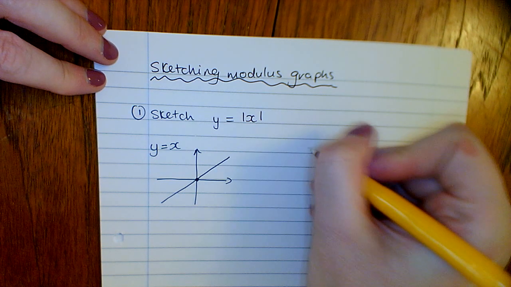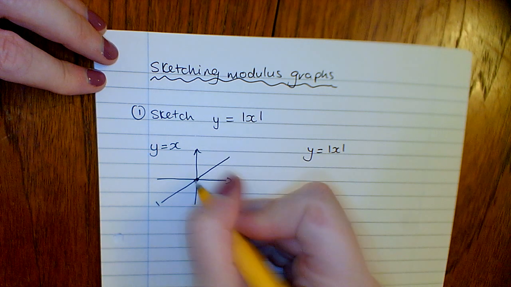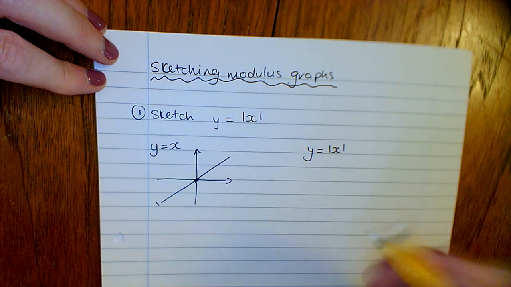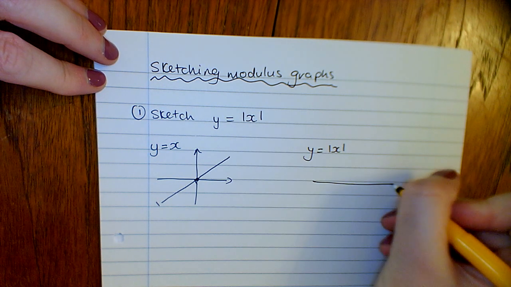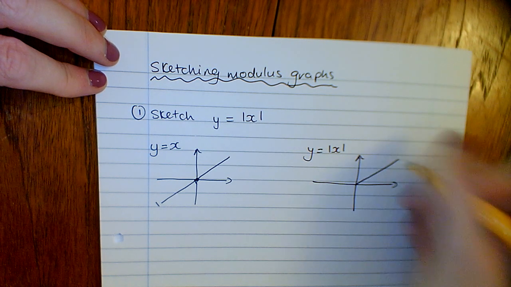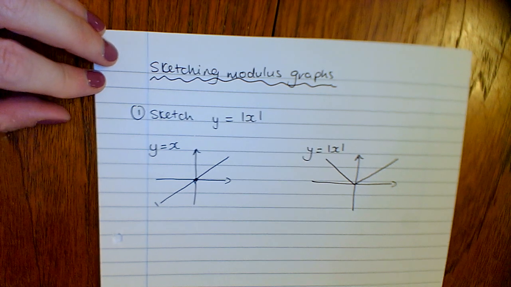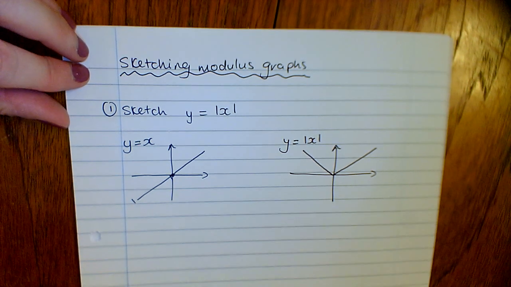Now we're going to draw the graph of y equals the modulus of x. We're going to reflect the part of the graph below the x-axis. So that part of the graph stays the same, and this part of the graph will be reflected up like that.